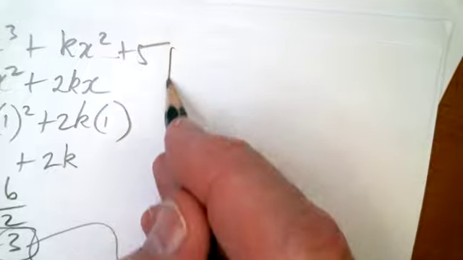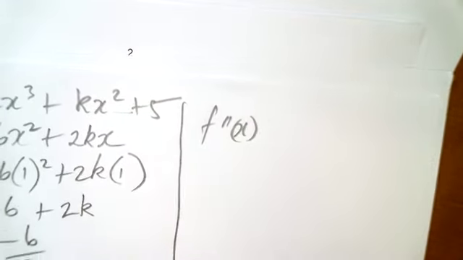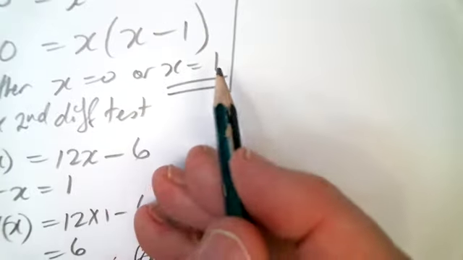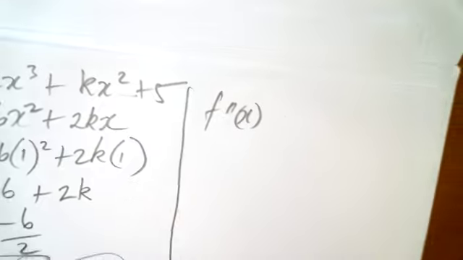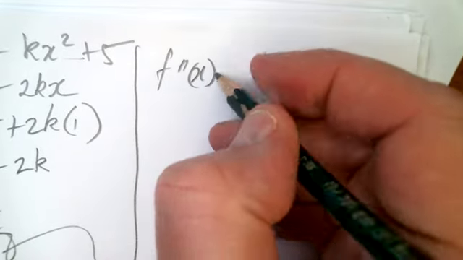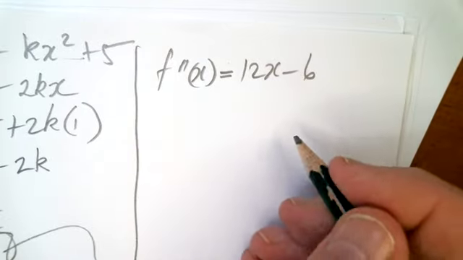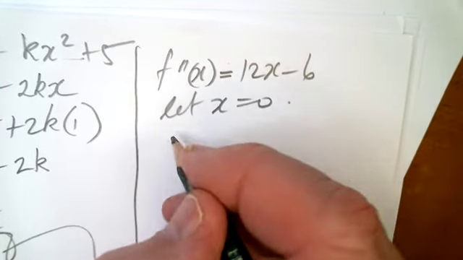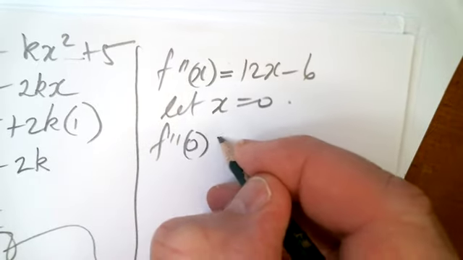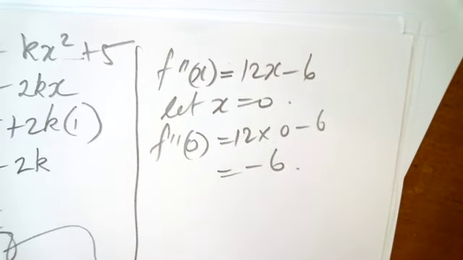Now let's do the other one. We've done x is 1, now let's go x is 0. This should be our maximum, but let's confirm. f double prime x is equal to 12x minus 6. Let x be equal to 0. So f double prime of 0 is equal to 12 times 0 minus 6, which is negative 6.